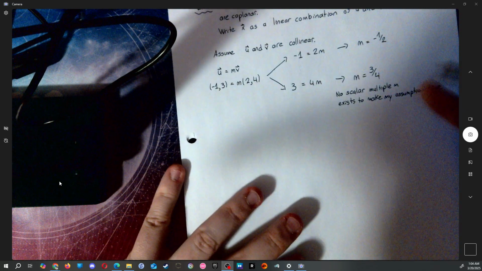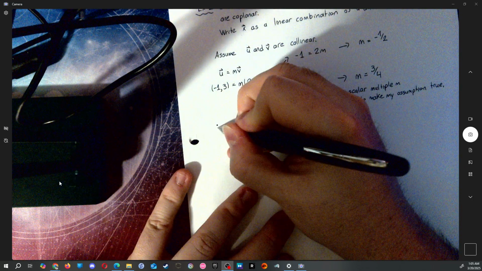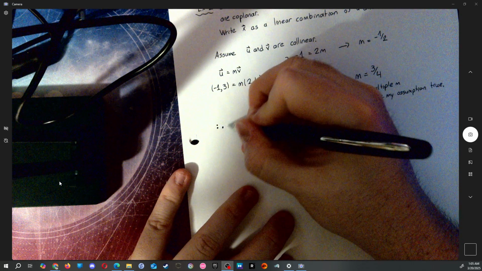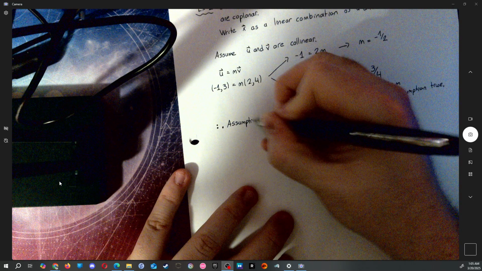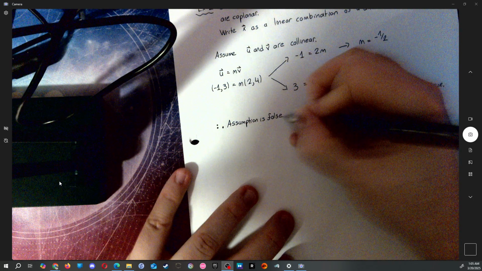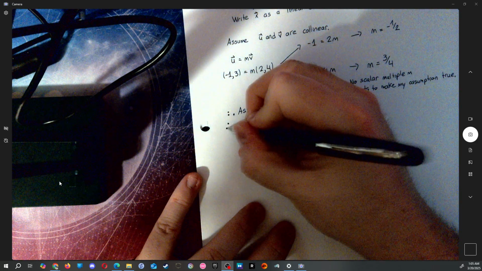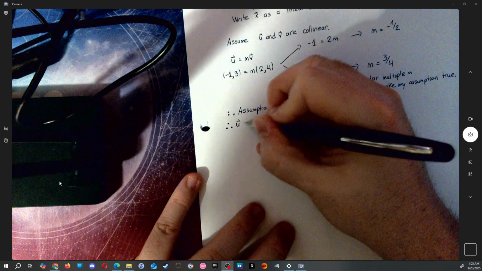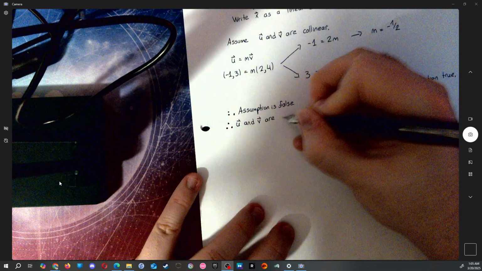So this part is not mandatory to write. I'm just kind of writing down my logic so that you can have it in your notes. But now, therefore, this part we do have to write: the assumption is false. And because my assumption is false and they're not collinear, then therefore I've proven that u and v are coplanar.